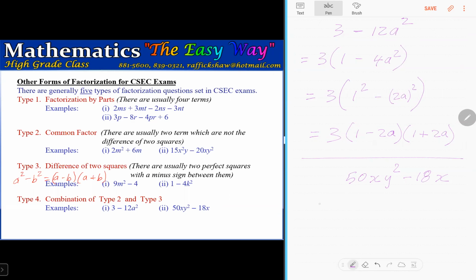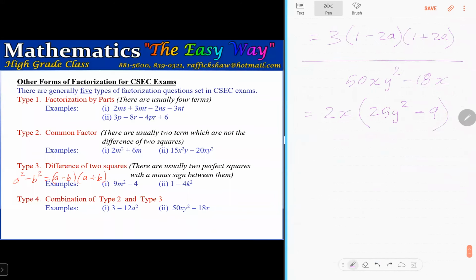So if we factorize it, we get 2x bracket 25y squared minus 9. This is a perfect squared number, and this is a perfect squared number, so we're going to write it as the difference of 2 squares now.